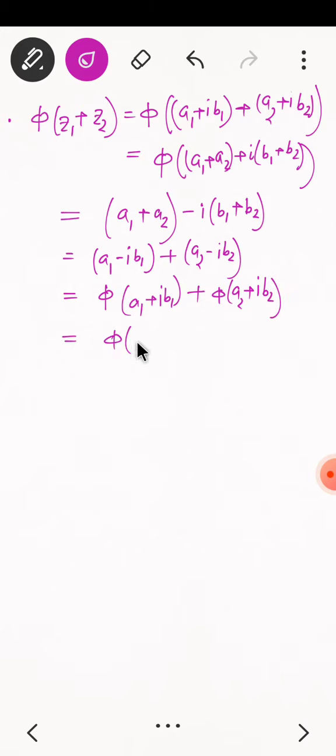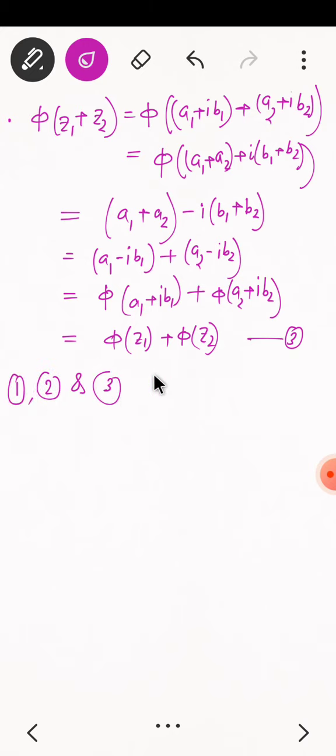That is equal to phi of z1 plus phi of z2. So phi is a homomorphism. So from 1, 2 and 3, phi is an automorphism.